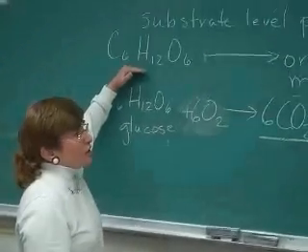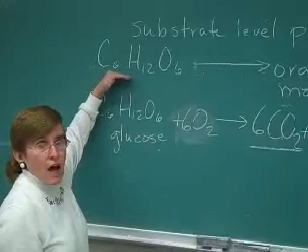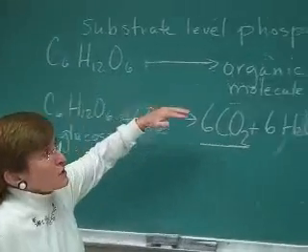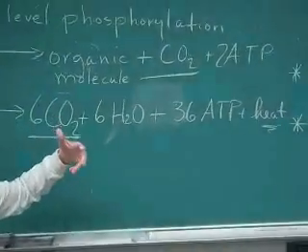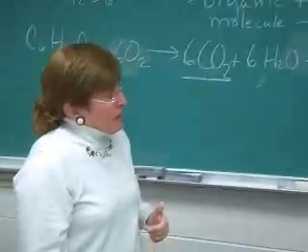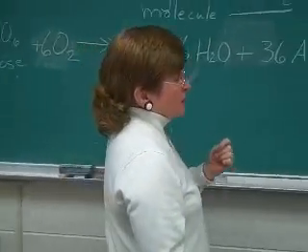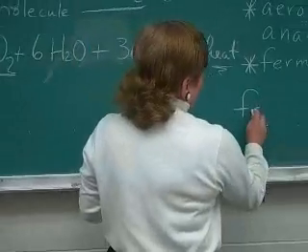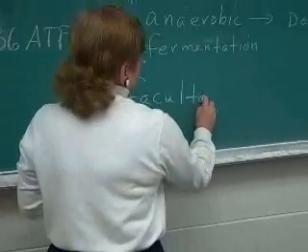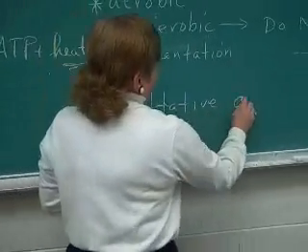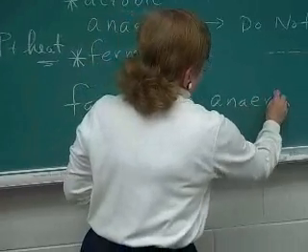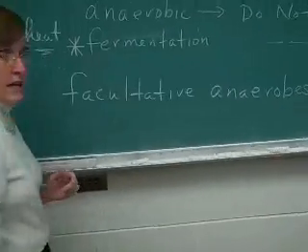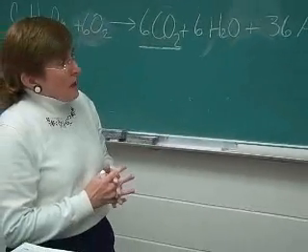At other times they'll shift to this when there's not enough oxygen available, and they'll make small amounts of ATP, but this allows them to survive. And organisms that have the capability of doing this are referred to as facultative anaerobes.